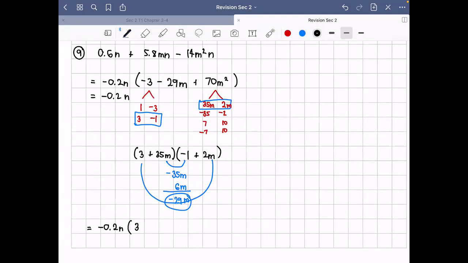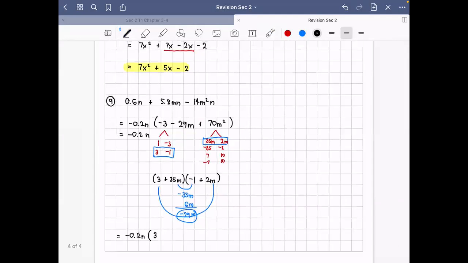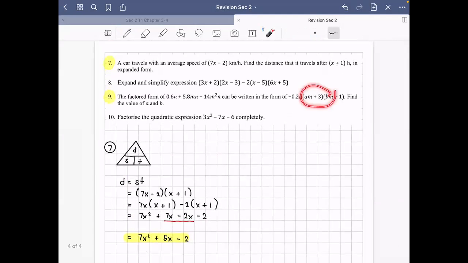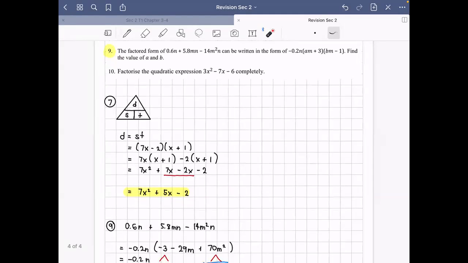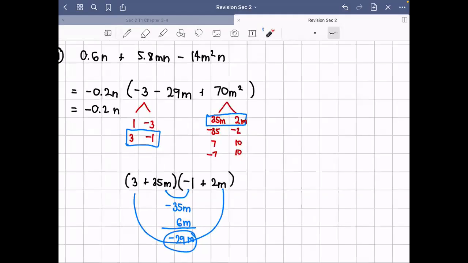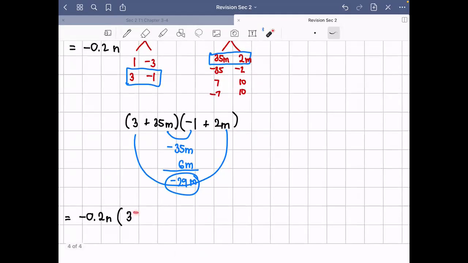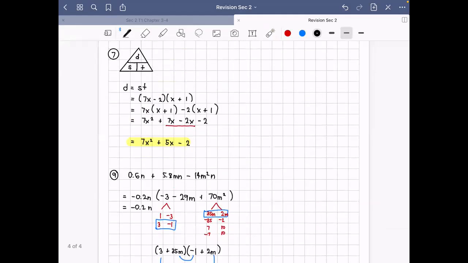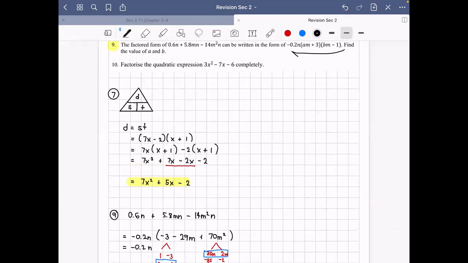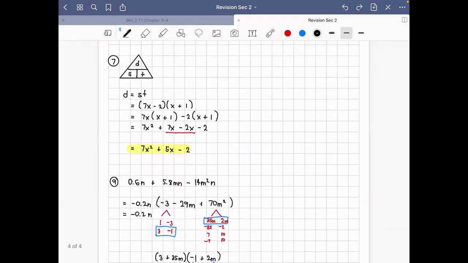The format of the question is this: am plus 3 and bm minus 1. So let me put 35m in front. 35m plus 3 and then 2m minus 1. Because class, again, the question is this one: am plus 3, bm minus 1.